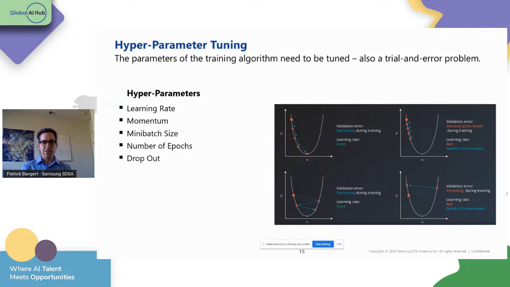momentum, the size of the mini batch of data that you show at each epoch of training, the number of training epochs before you stop, the amount of dropout, so the amount of neurons in the network that you don't train during a specific epoch.